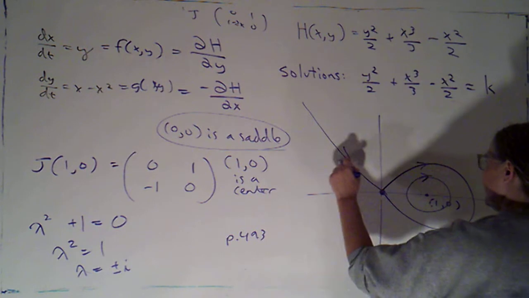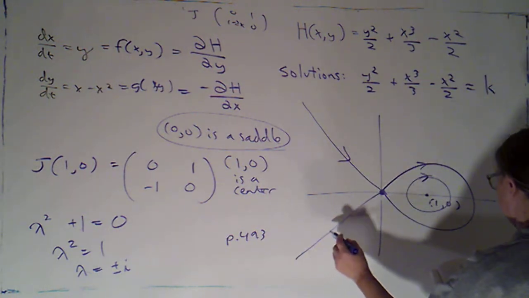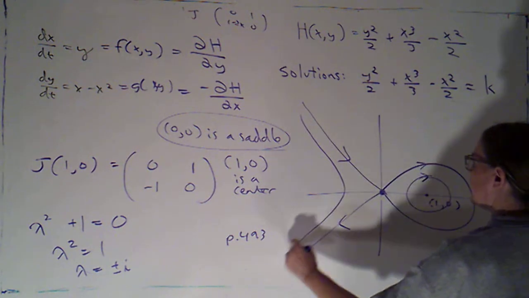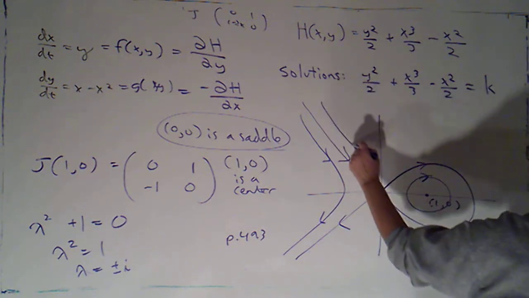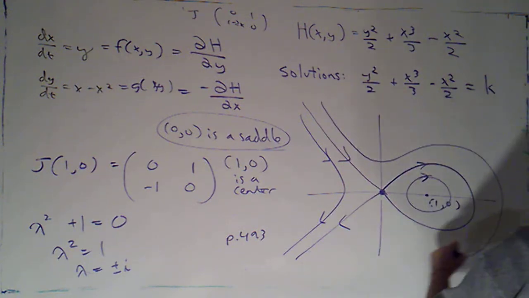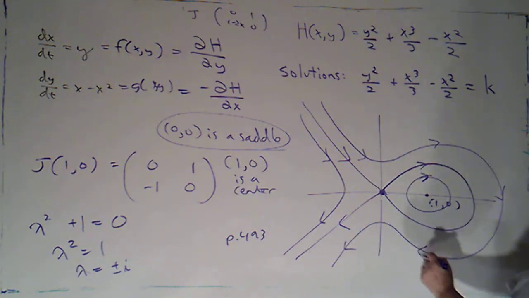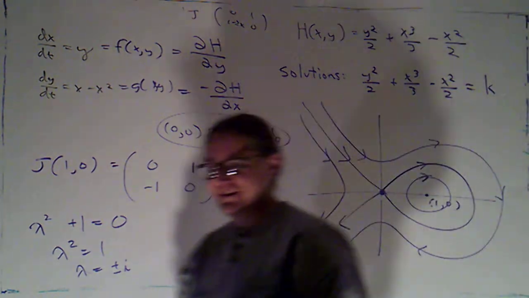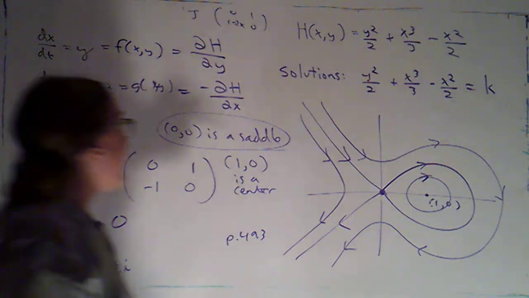We've got a solution curve coming in like so. We've got a solution curve leaving like so. And then over here, our solution curves kind of curve like so. And out here, they come around like so. I definitely didn't know that that was what the level curves of this particular function looked like, but it's kind of neat, okay?